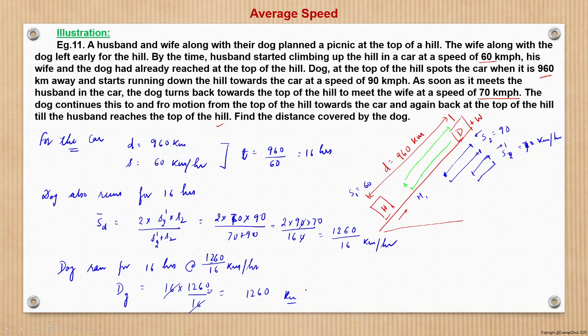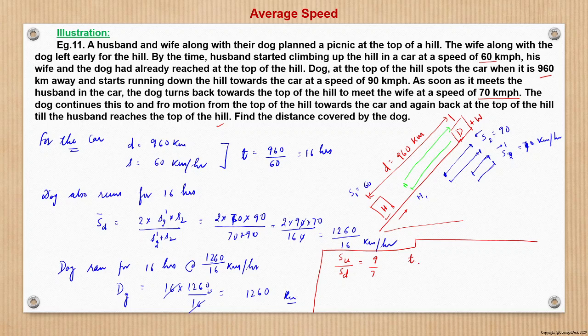Or otherwise, what we could have done, we know that, now see, the speed of the dog while going up upon the speed of the dog while coming down, the ratio is 9 is to 7.